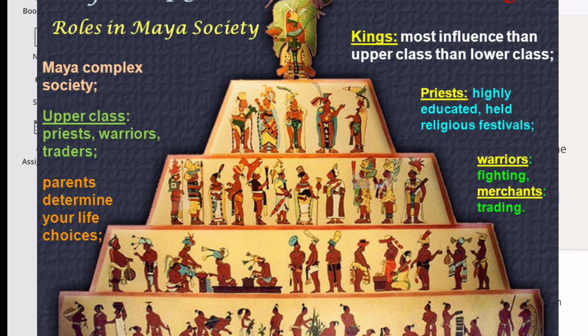Warriors are very important because they are the ones who make the kingdom powerful and in control. We also have traders, and it depends on how wealthy the traders are. They can be in the upper class or middle class, and a lot of them, if they're just ordinary traders, are at the bottom with the servants, workers, slaves, and captives.